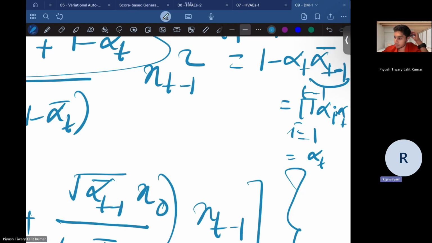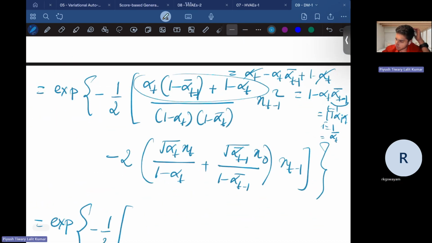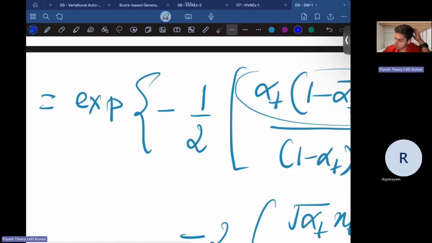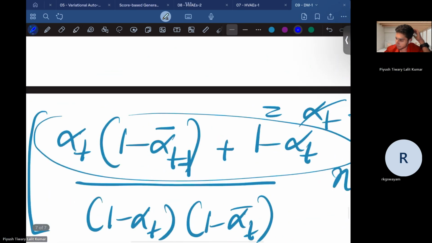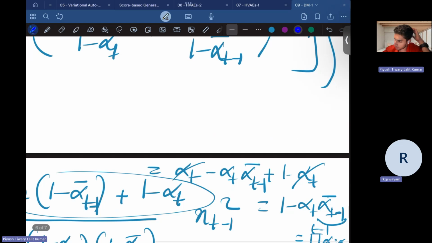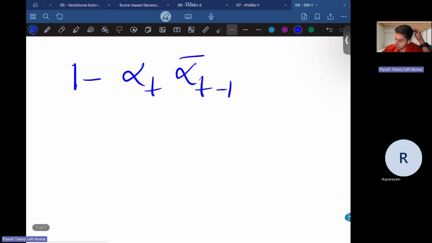I'll write it down. So I hope this is clear. That is equal to 1 minus alpha_t times the product of alpha_i going from 1 to t-1. Is that fine? Yes, because this alpha_t and this thing get cancelled.